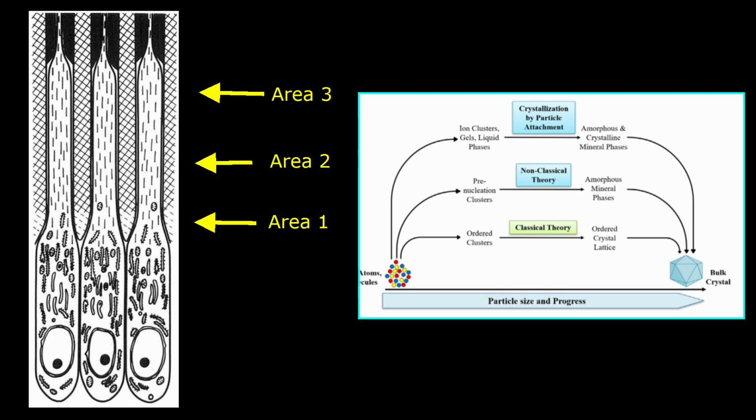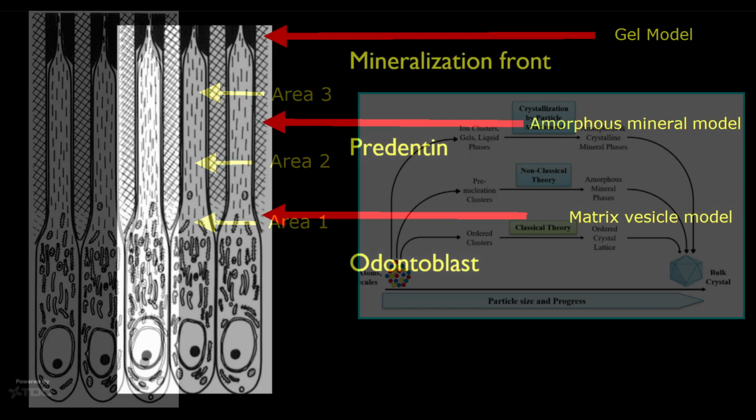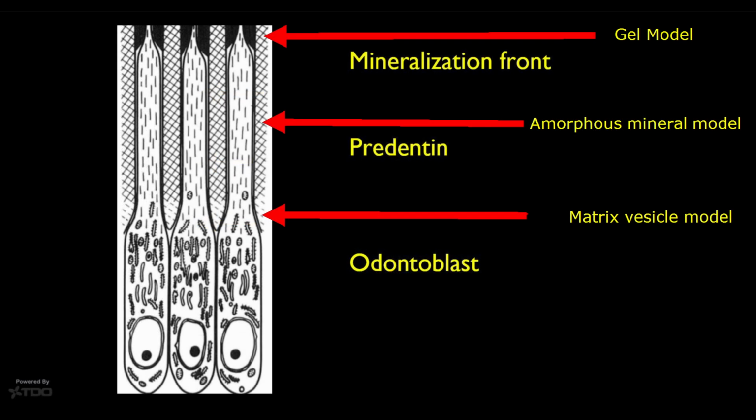The classical ordered cluster theory in Area 1, the non-classical amorphous mineral clusters theory in Area 2, and the gel liquid theory in Area 3, where the final mineralization takes place. These three theories probably operate at different areas within the predentin complex.